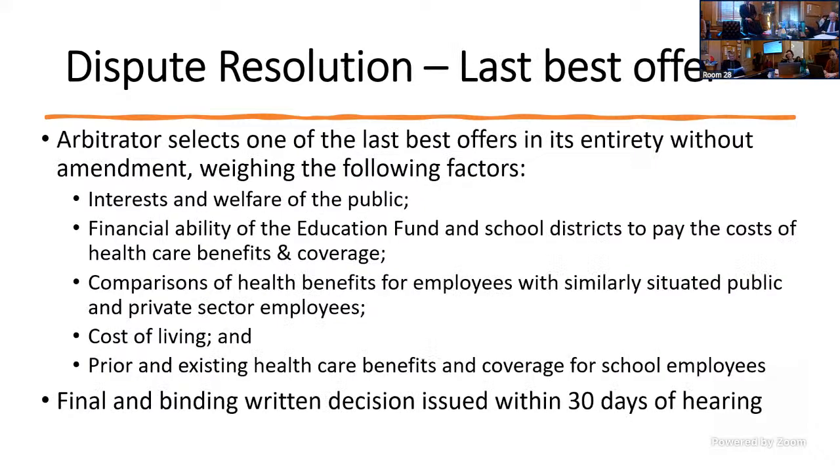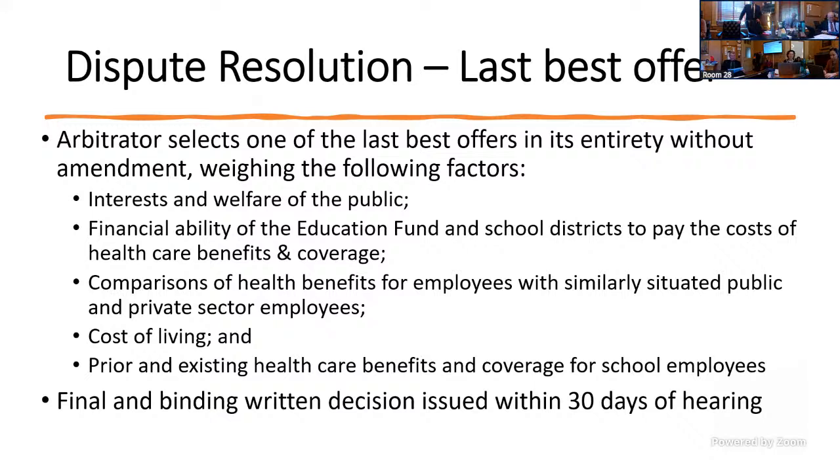This is just going through. So, and I've got the single arbitrator, but again, it can be a panel or it could be the LRB. So the statute lists out the factors that the arbitrators are to consider with regard to the last best offer. So these are the factors here: the interest of the public, financial ability of the education fund and school districts to pay the costs, the comparisons of healthcare benefits with other similarly situated employees, cost of living, and then the prior and existing healthcare benefits and coverage for school employees.